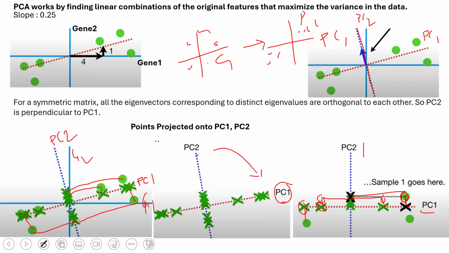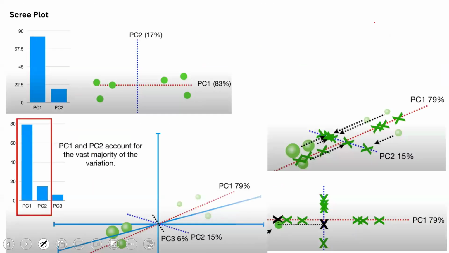Yeah, got it. Now, the next step is an important thing that shows how PCA will actually do the dimensionality reduction. A scree plot is nothing but the variances plot, for PC1 and PC2.